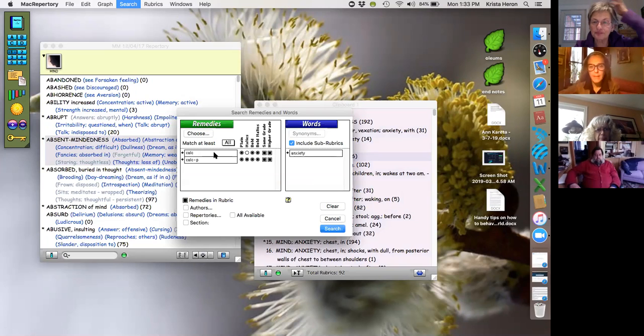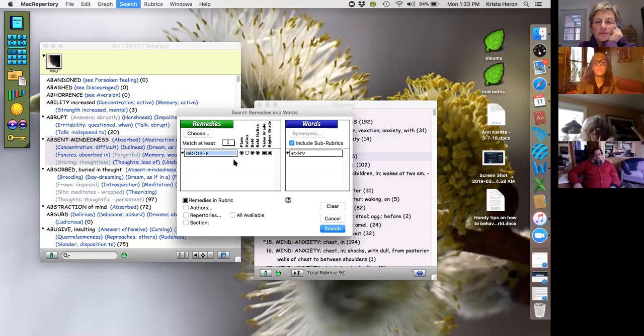Yep. Okay. Now, at this moment, see how they both have pluses on them? That means we will just be gathering all the calcarea and calc-phos rubrics for anxiety. If that's what we want to do, we could just as easily put a slash and write calc-phos in the first box and get rid of this box entirely.